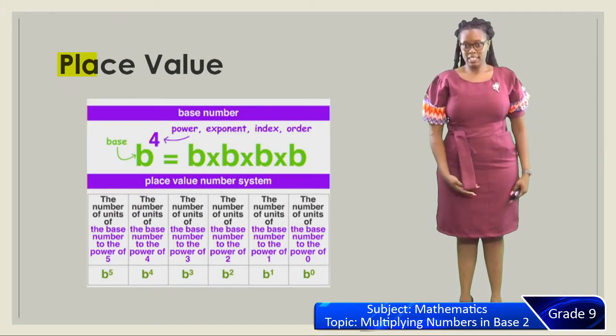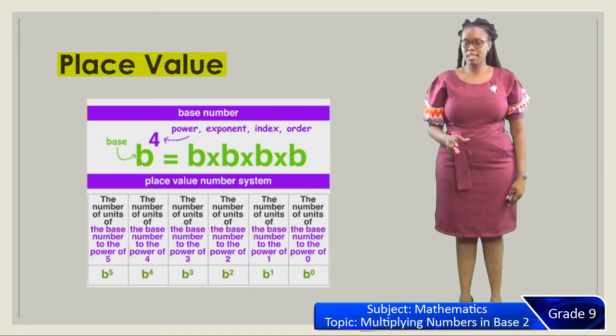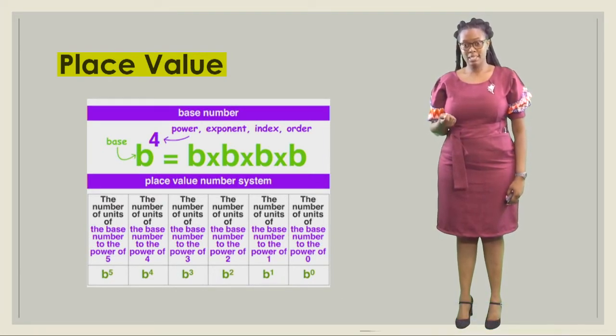Now, place values are different based on the specific number base that we're dealing with. On a regular basis, we use base 10 for all our mathematical operations.